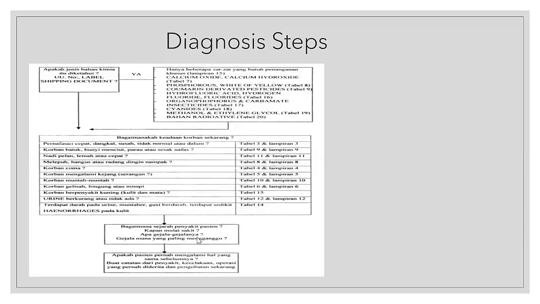So check the history of the patient: the history of their illness, when this illness started, and what kind of symptom is most disturbing, and whether the patient has ever had this before.